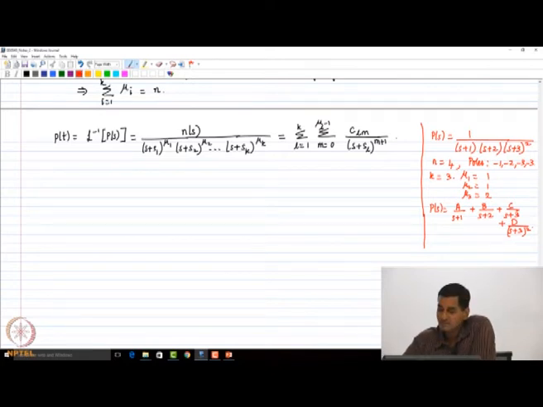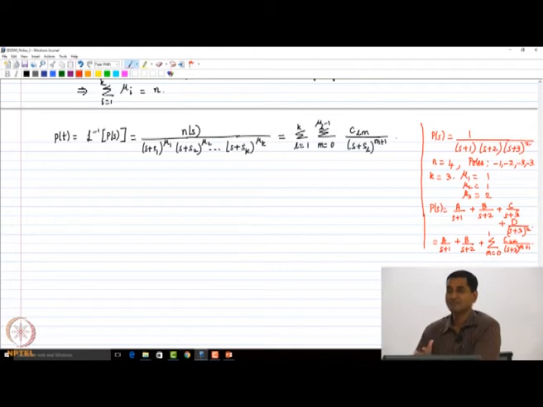So essentially what we have done here is A by (s + 1) plus B by (s + 2) plus the C term, where I can take m equal to 0 to 1, some C_3m divided by (s + 3) whole to the power m plus 1. If you expand, that's what you will get. You will get 2 terms.